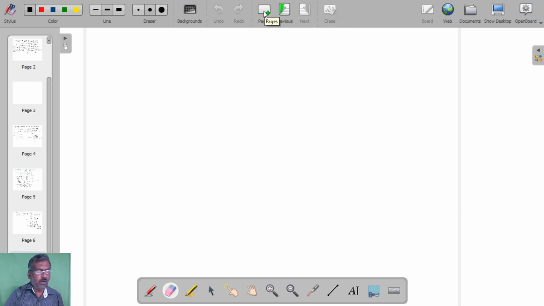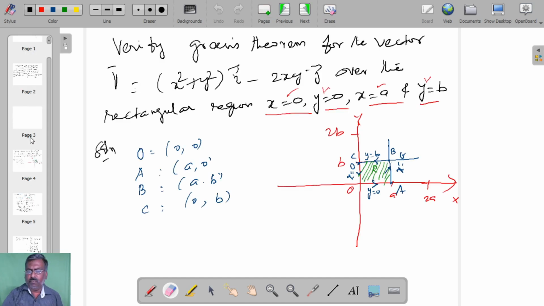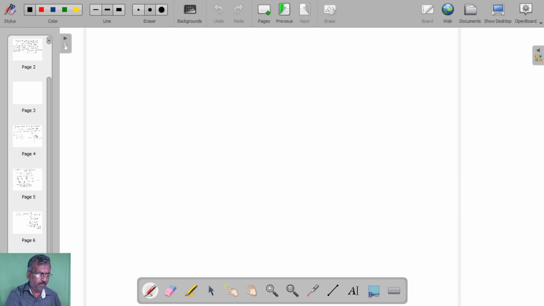Totally here 4 lines are available: O to A, A to B, B to C, C to O. So 4 curves are available, and for all 4 curves we are going to apply the left side of the formula. Okay, see this. First on OA.